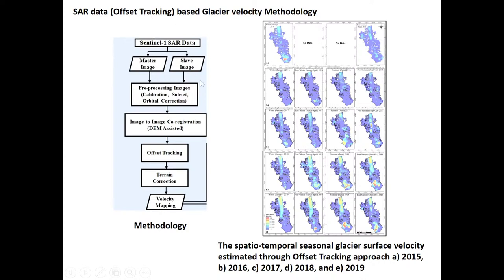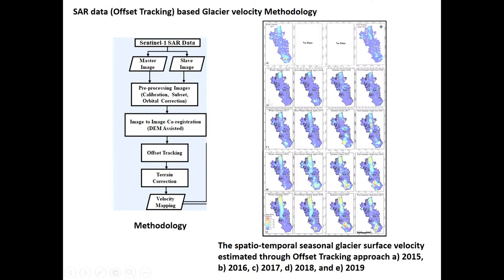We have two images from different time periods, and we give a search window. Within the search window it identifies the features and how each feature has moved from one place to another between the two time periods. Based on that, it estimates the velocity of the glacier.